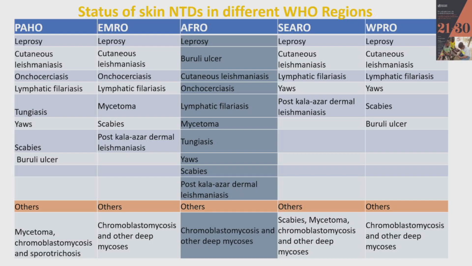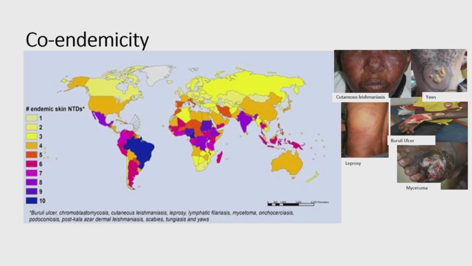Again, as I presented yesterday, the different diseases in different regions will determine also the integration into the platform in different countries. So we'll take this into account moving forward, particularly what we call the co-endemicity within countries and across countries.